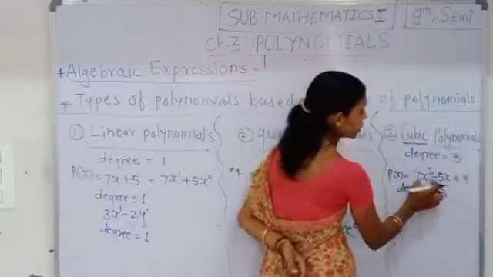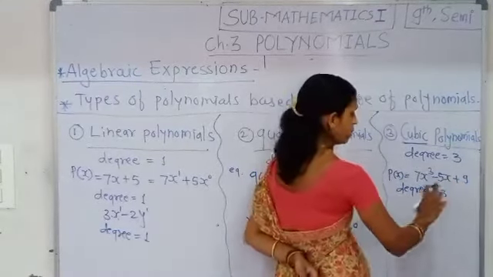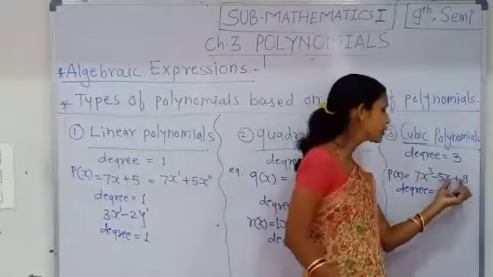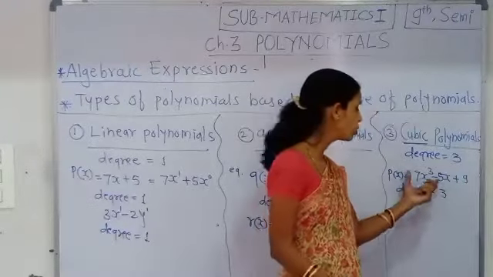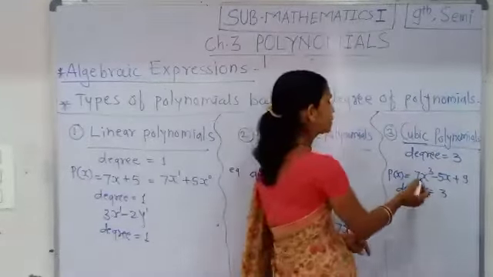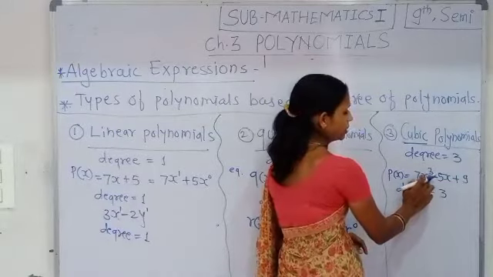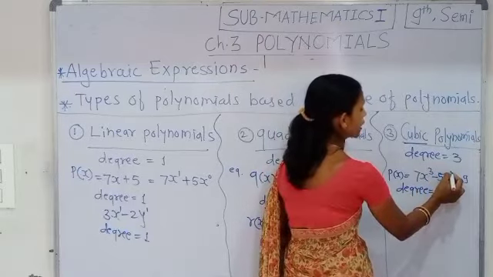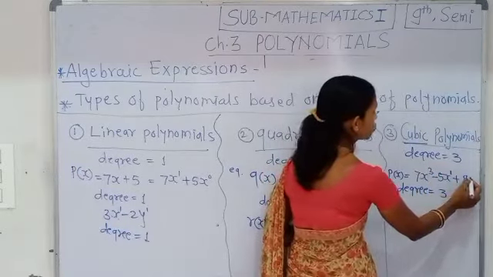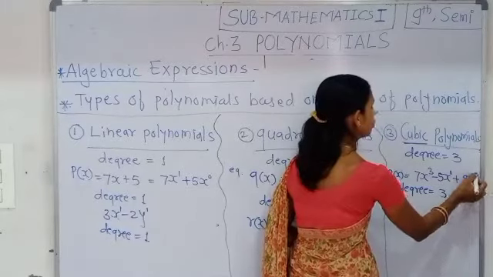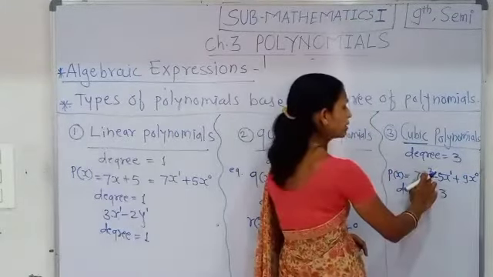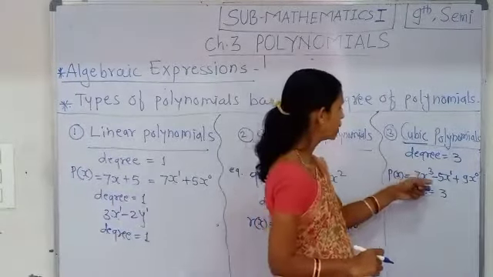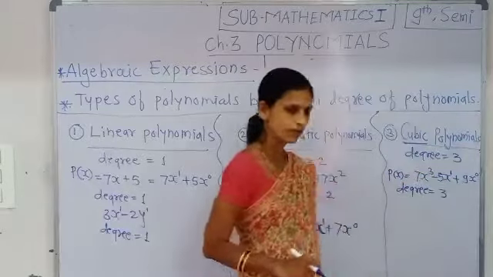See here there are 3 terms, therefore it is a trinomial. Depending upon the terms present in it, we can classify this polynomial as a trinomial. And here in the first term the degree of the variable x is 3, in the second term it is 1, and in the last term, that is the constant term, the degree of x is 0. Therefore the highest degree of this polynomial is 3. Therefore it is a cubic polynomial.